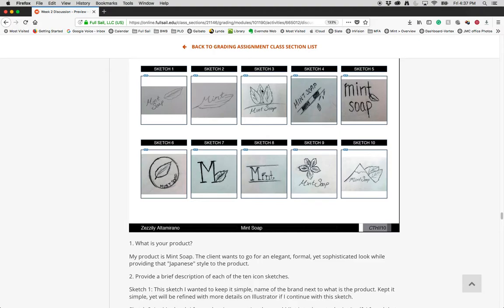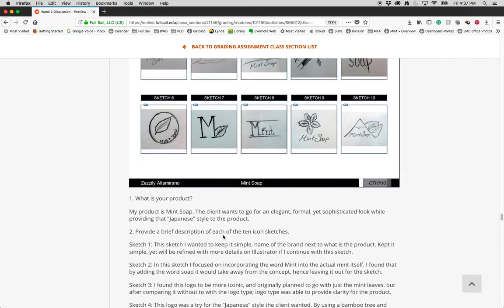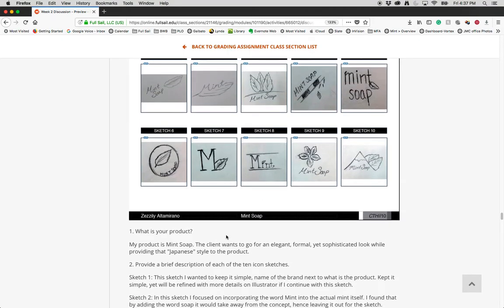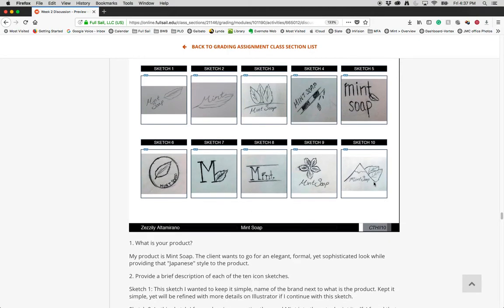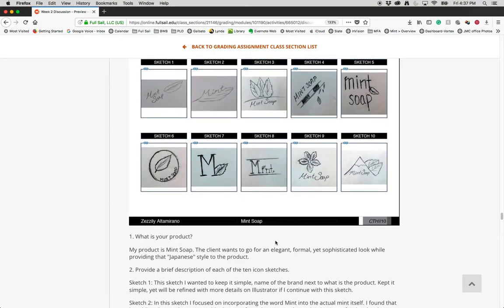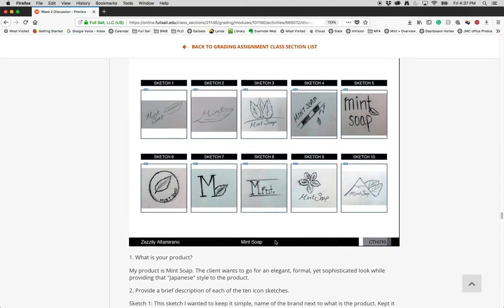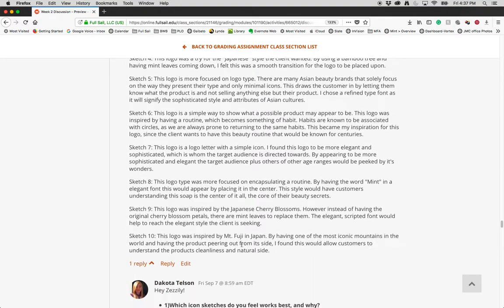So maybe number three, something with number nine. But the letters and doing word mark do a little less of that. Yeah, and Japanese style. So this is like Mount Fuji, perhaps. I think you got a few more to come up with.